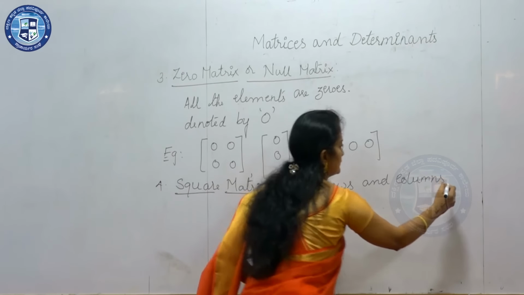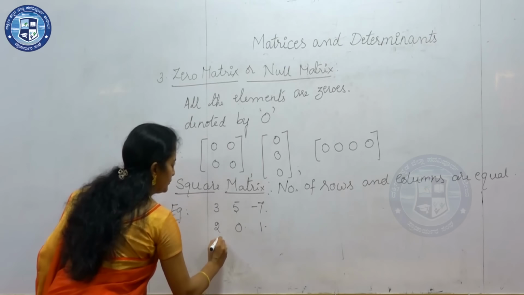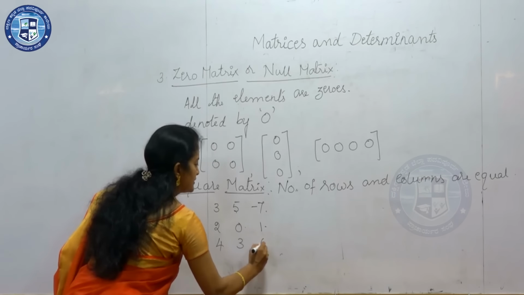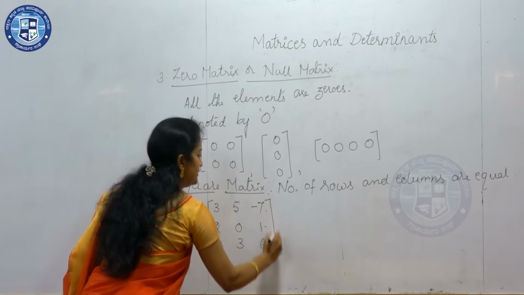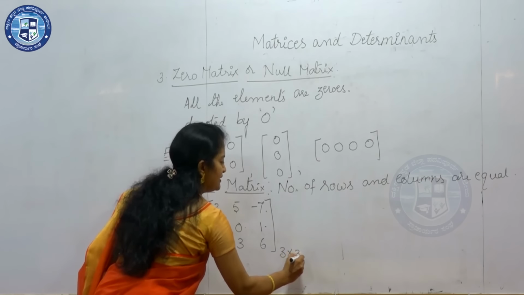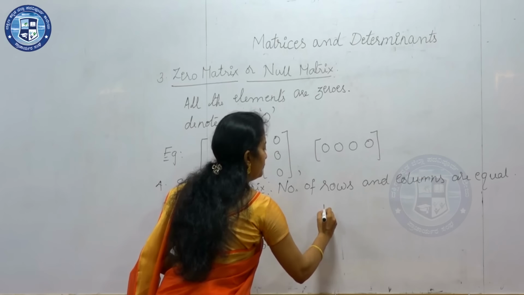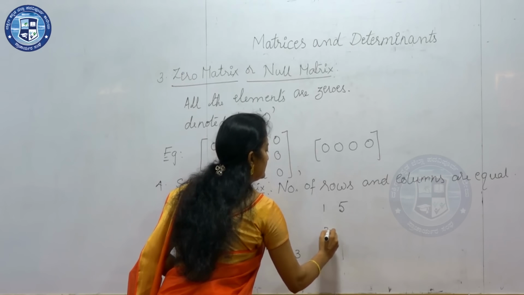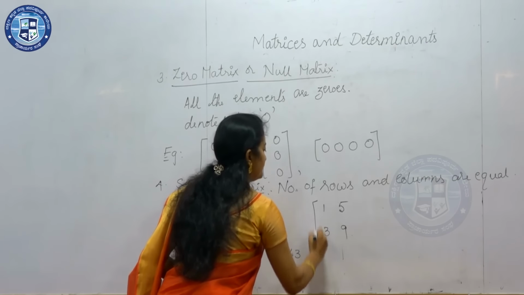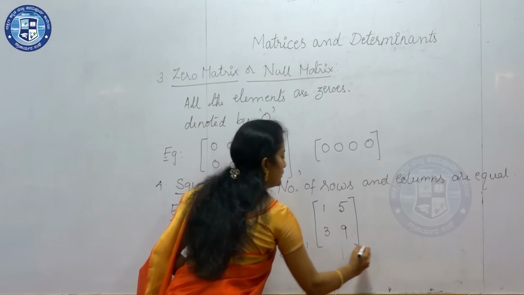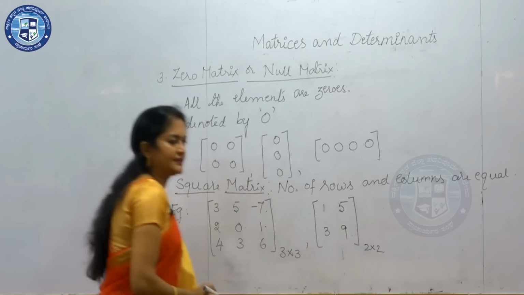That type of matrix is called a square matrix. Example: 3, 5, minus 7, 2, 0, 1, 4, 3, 6. This is a 3 by 3 square matrix. One more example I can give: 1, 5, 3, 9. This is a 2 by 2 square matrix.